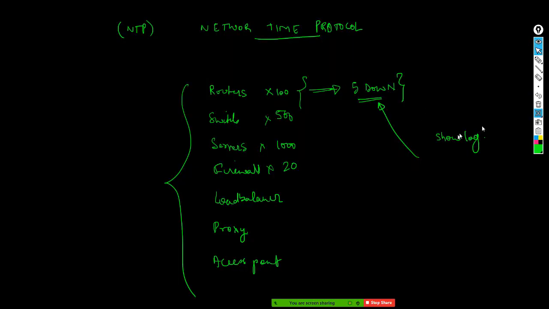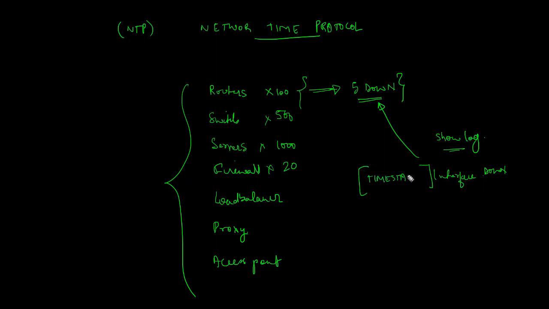So when my device goes down, obviously we open up the device and see show log to understand what went down. Let's say one of the interfaces was down. What would be the next thing you want to understand? You want to understand at what timestamp this device went down. The timestamp is very crucial.